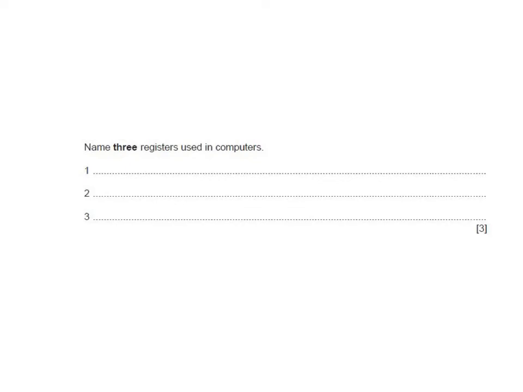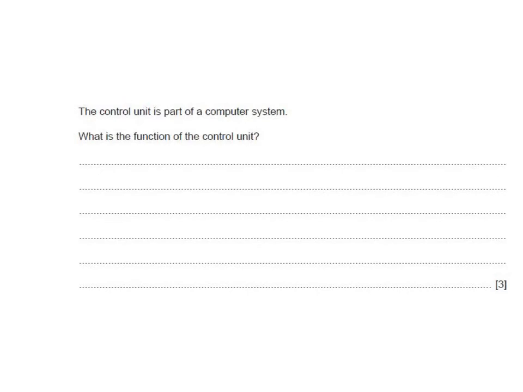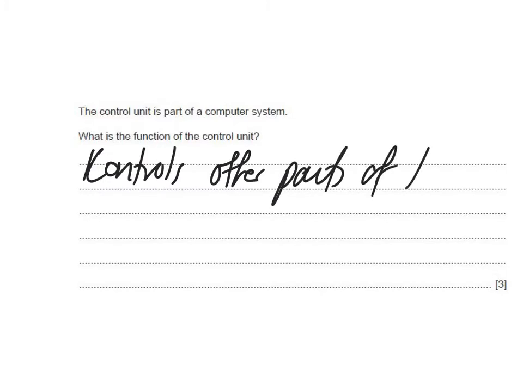Again, 3 registers used in computers, already covered that one. Control unit, what's the function of the control unit? So we've looked at that, I guess, slightly. So it controls, it depends how you write it, controls other parts of the processor, sending signals.